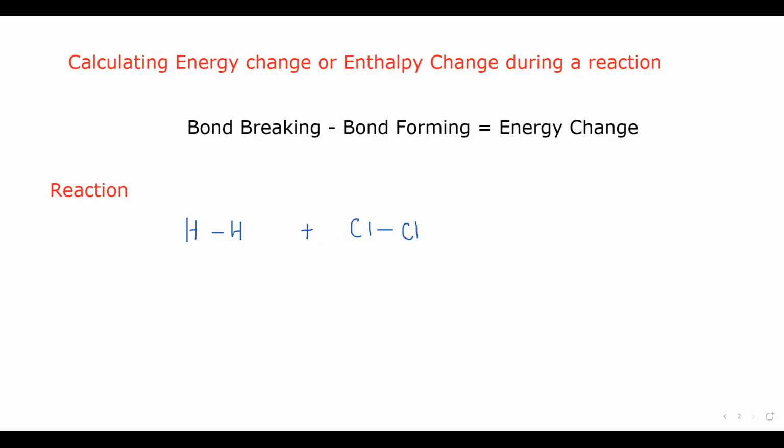So a hydrogen molecule reacts with a chlorine molecule, and as a result, what is formed? It forms two molecules of HCl. So this is one molecule of HCl, and there is another molecule of HCl. This is the reactant side, and this one, the right hand side, is the product side.